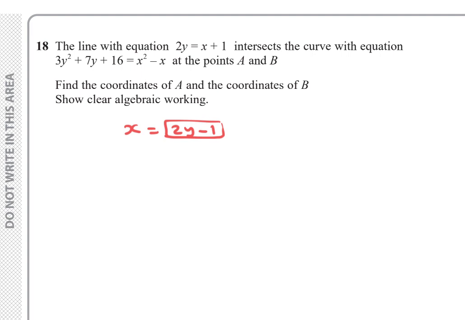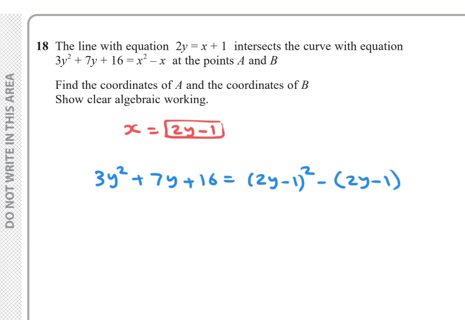Now substitute in the quadratic. So substitute x by 2y minus 1. So the equation is 3y squared plus 7y plus 16 equals (2y minus 1) squared minus (2y minus 1). You have to include 2y minus 1 in brackets. Now expand the right hand side.